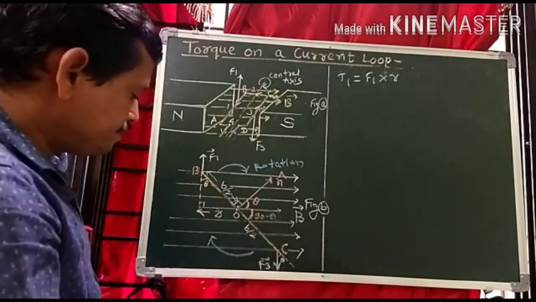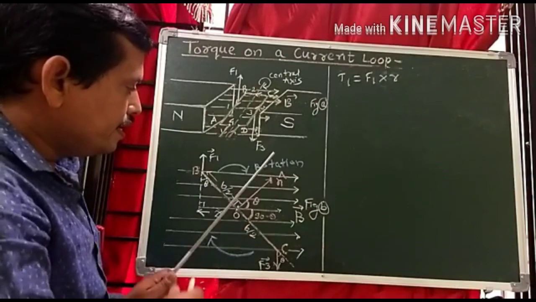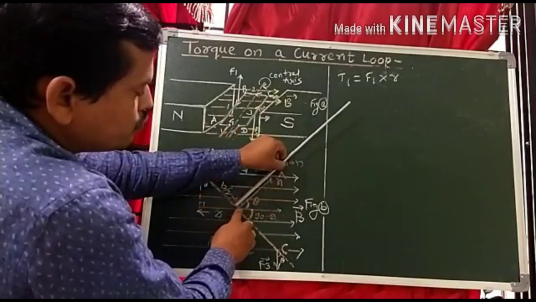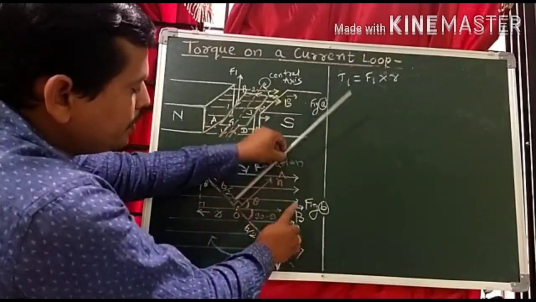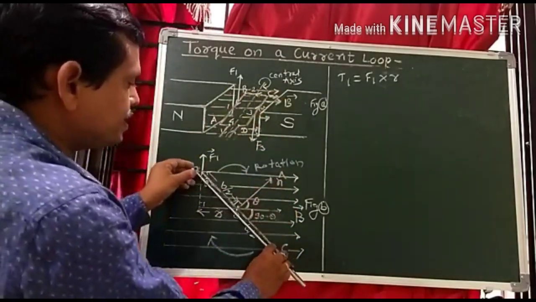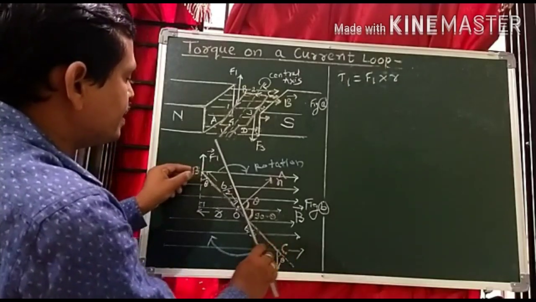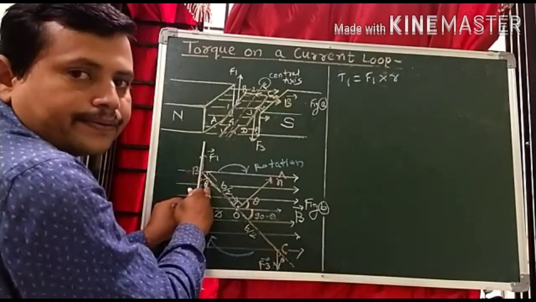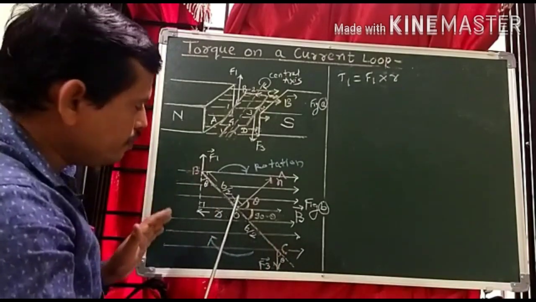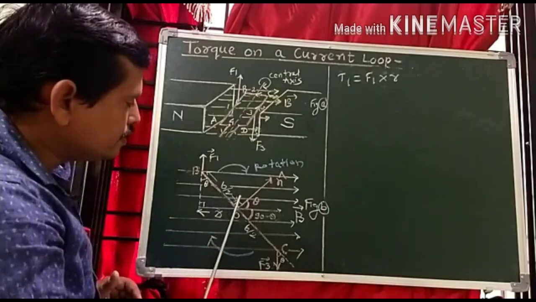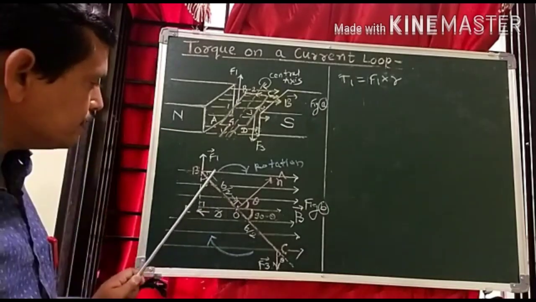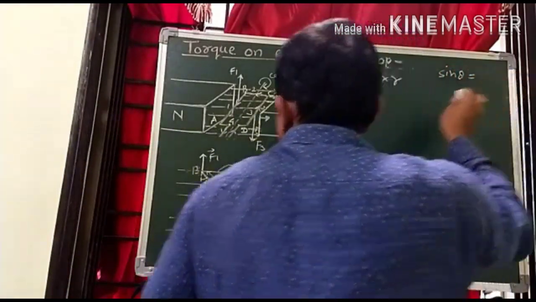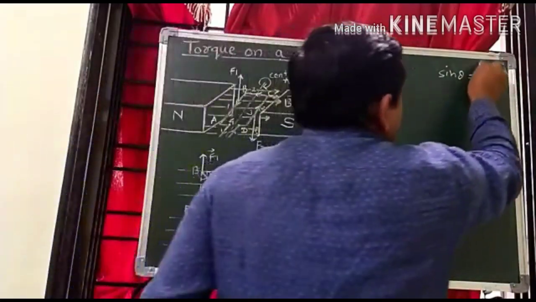Now as the area vector n cap makes the angle theta with the direction of magnetic field, by the geometry of the figure, the side BC will make the angle with the direction of F1, that is also equal to theta, and the side BO will be equal to b by 2, that is the half of the breadth, and therefore sin theta is equal to r divided by b by 2.